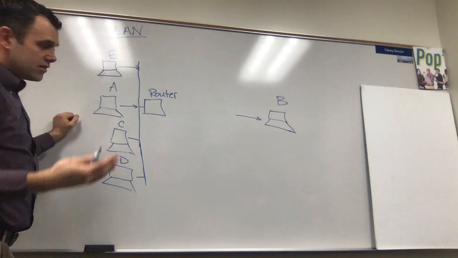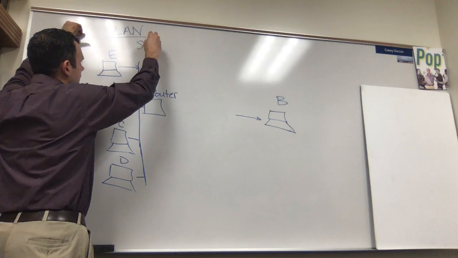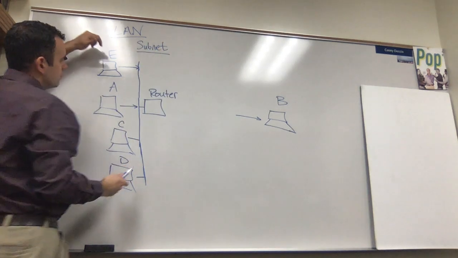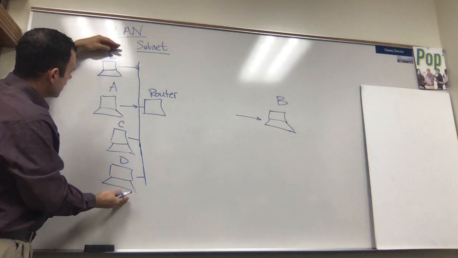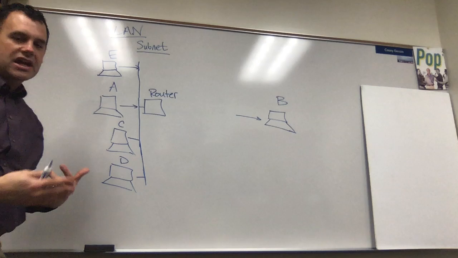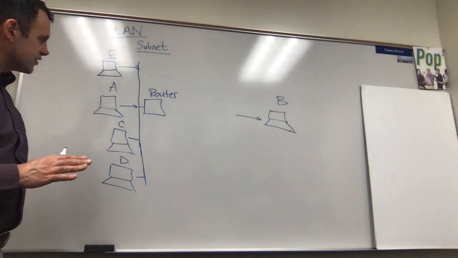In addressing terms, everything on the same local area network is also part of what we would call a subnet, which means that when we start talking about addressing, they're all going to have very similar addresses, or addresses that are close together. But let's get back to addressing in just a moment.